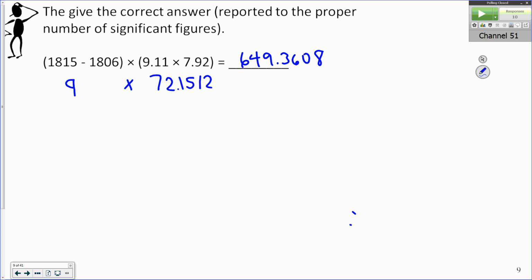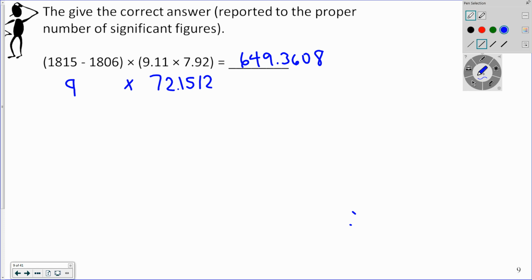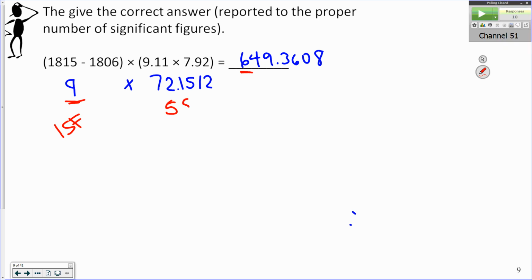How many significant figures should I have? 1. Weakest link: 1 sig fig, versus 5 sig figs. Okay? I've got 1 in this case.